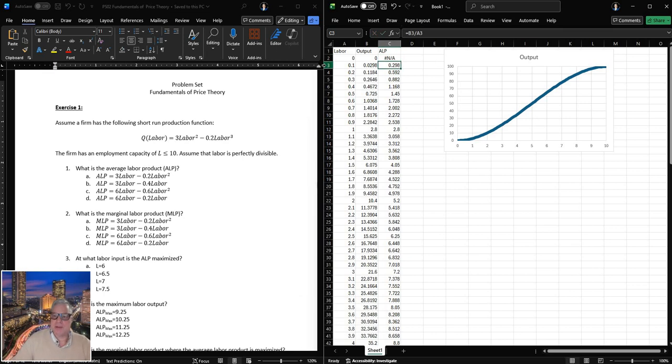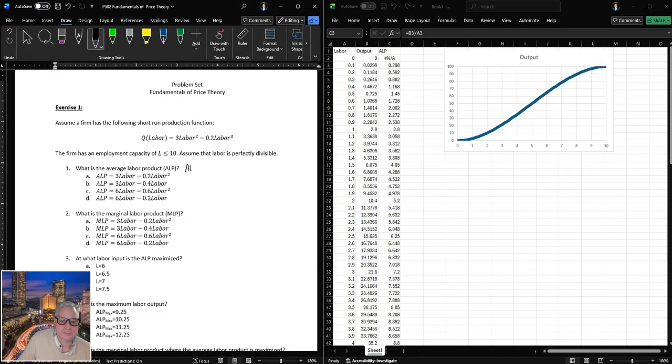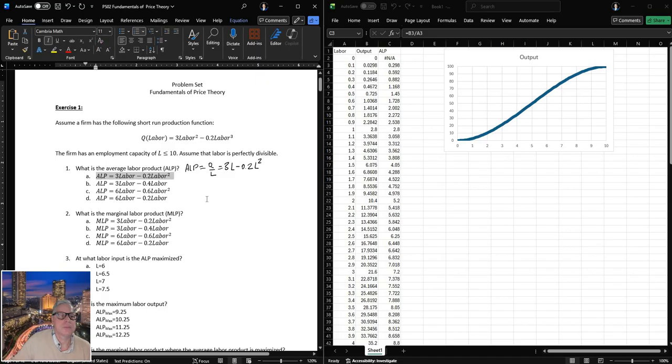Okay, so the average labor product we have defined in Excel, but of course the average labor product is total output Q over L, so that would be 3L squared divided by L, which becomes 3L, wait: 3L times the square divided by labor, so it becomes 3 times L minus 0.2 L squared. So that seems to be A.